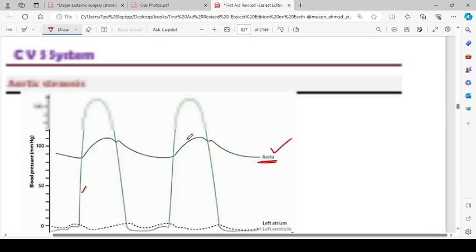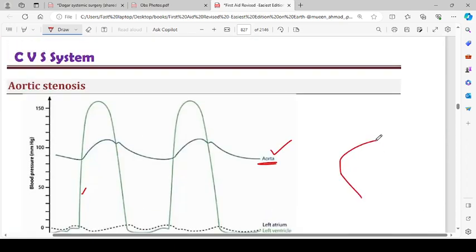Here they are not overlapping, because suppose this is the left heart, and here we have the aortic valve. If this valve is stenosed, the ventricle has to make a lot more effort to cause this valve to open. It's not an anatomic diagram, and the valve actually looks something like this, but let's forget about this. I just wanted to give you a concept.